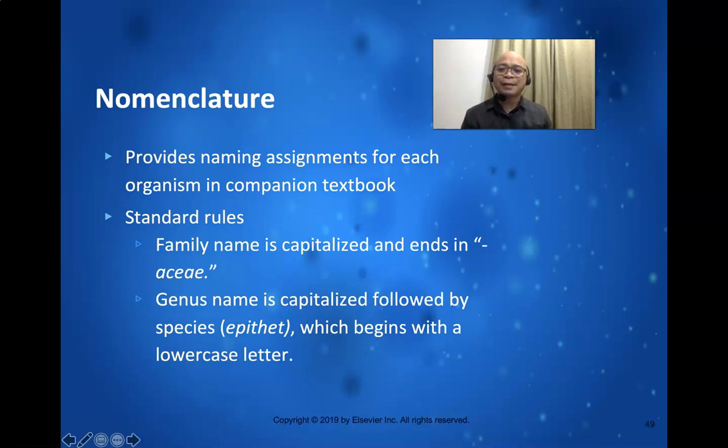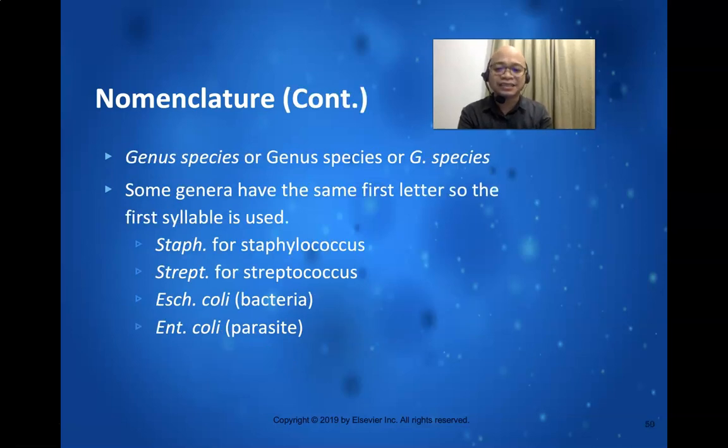In companion textbooks, we usually have the Bergey's Manual of Systematic Bacteriology. The standard rule: the family name is capitalized and ends in -aceae, like Enterobacteriaceae. The genus name is capitalized, followed by the species or specific epithet, which begins with a lowercase letter.